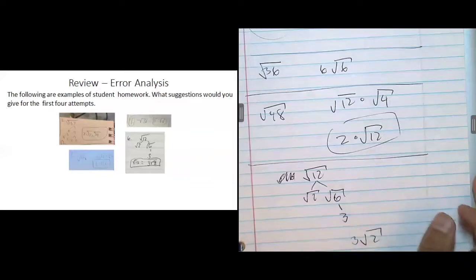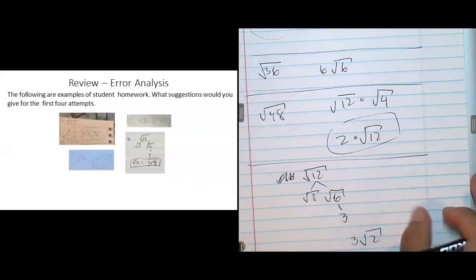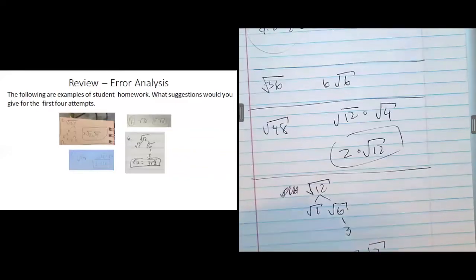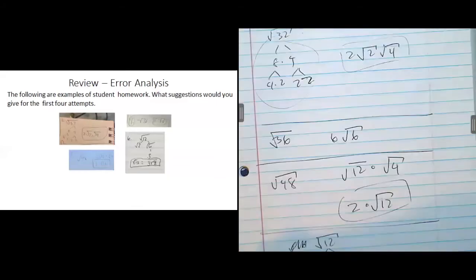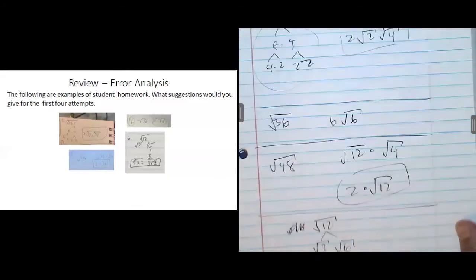What suggestions might you make for our classmates? These are all different problems that came from the Wednesday homework. I didn't put any examples from Monday's homework because I looked at everyone's homework and everyone did awesome. So let's move on.